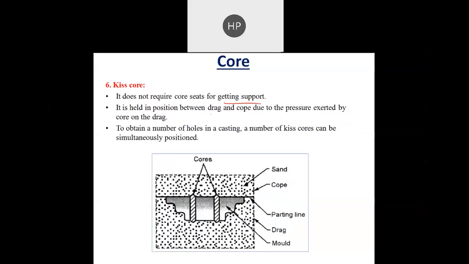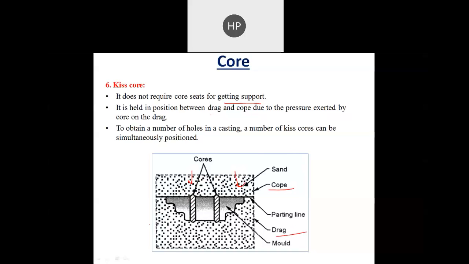It just touches it, and it is held in position between them. Here you can see this is the core. So that core will be held in position between the cope and drag by use of the force which is provided by the core on the drag.